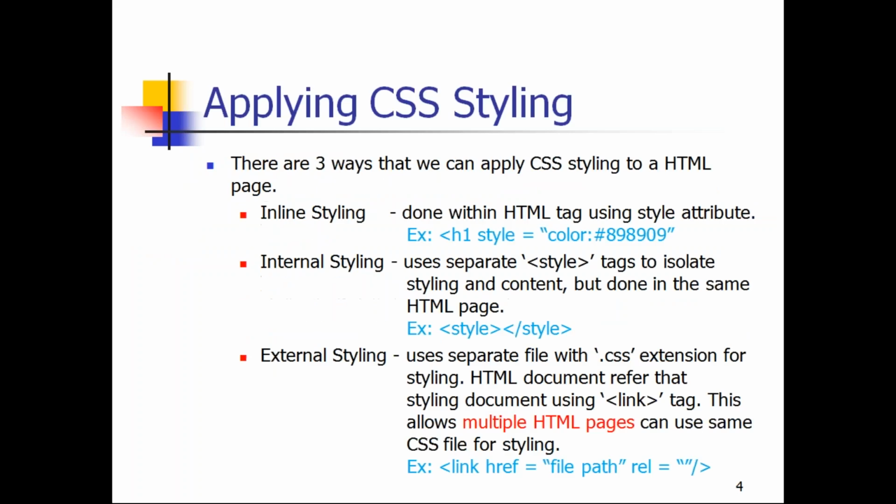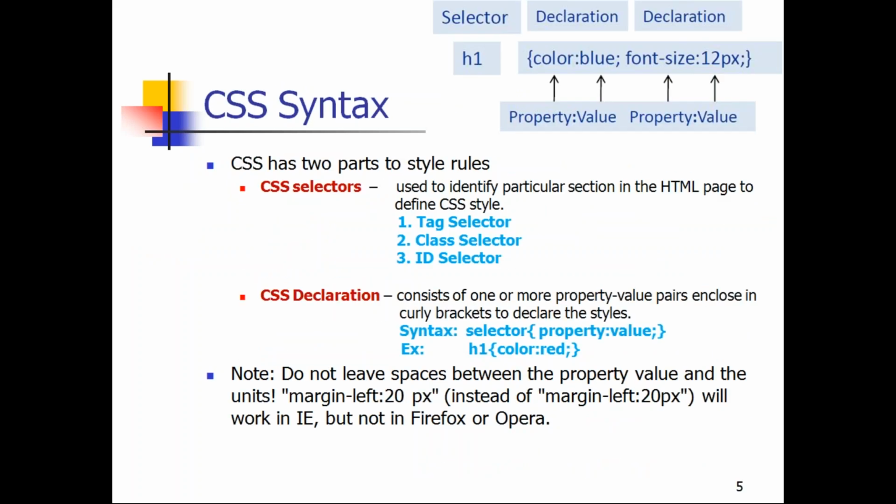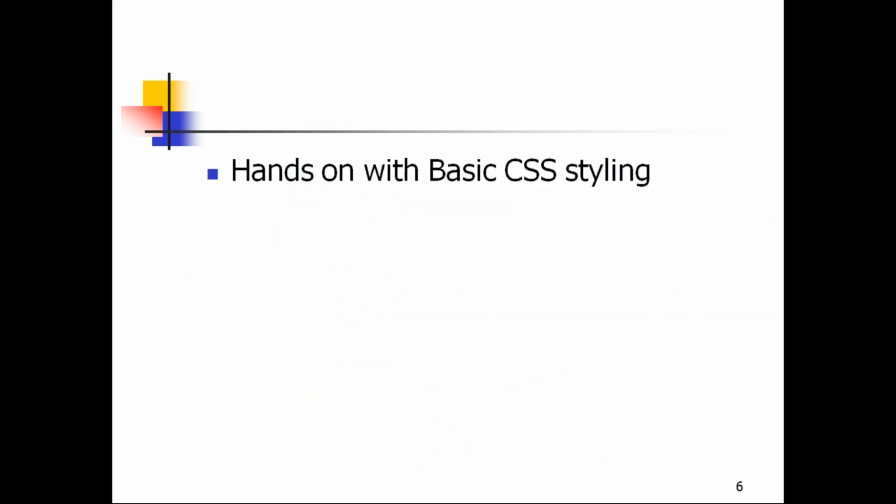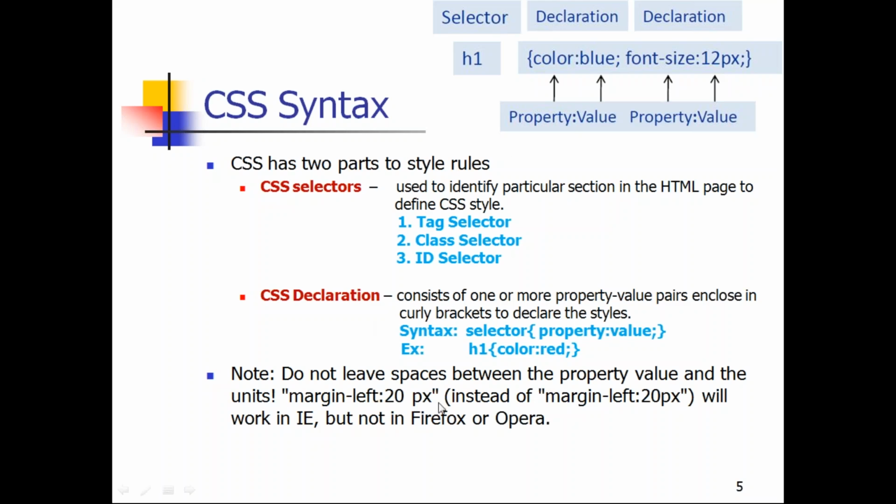So we have seen all these things. And by the way, one important thing: while writing your CSS property, I told you already there is a property and it has its own value. In this example, the selector is H1, the property is color, the value is red.